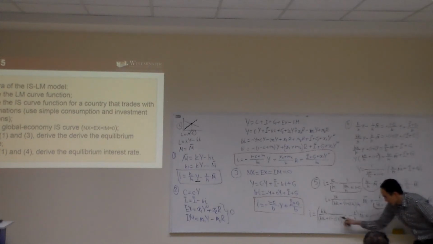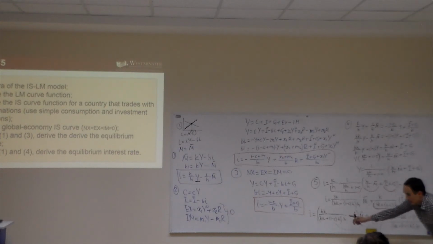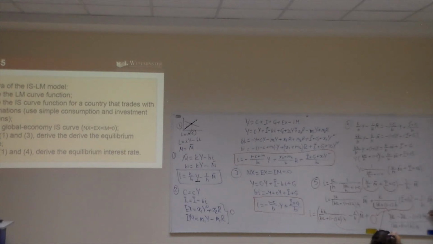Minus BK minus 1 minus C times H, right? Over BK plus 1 minus C times H, times money supply, yes? This one. And plus, again, this factor to this one. Which means that these two BKs will be cancelled out. This H will be cancelled out with this H, yes?